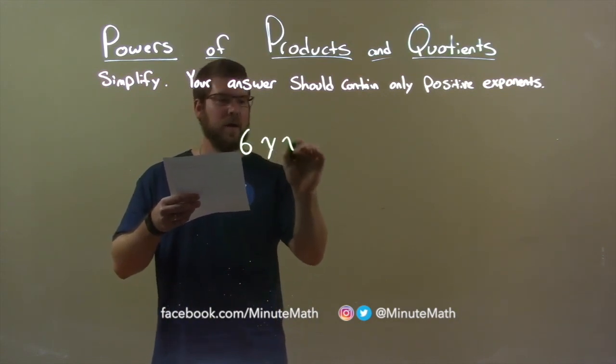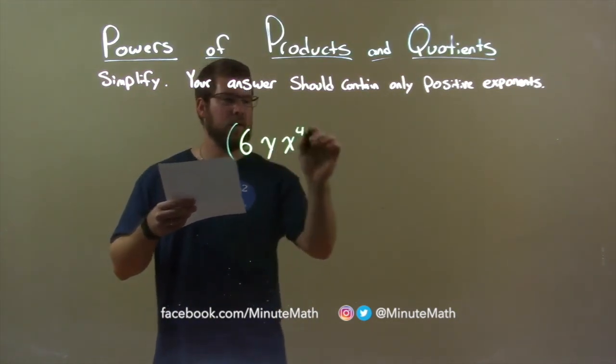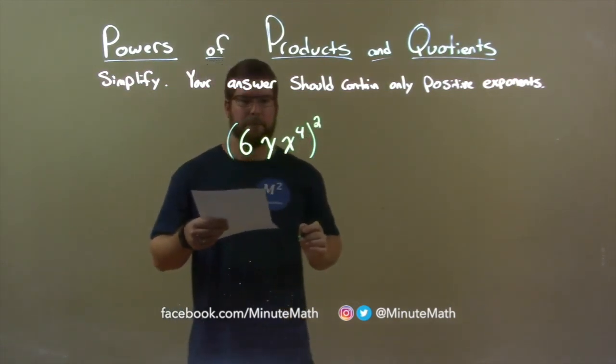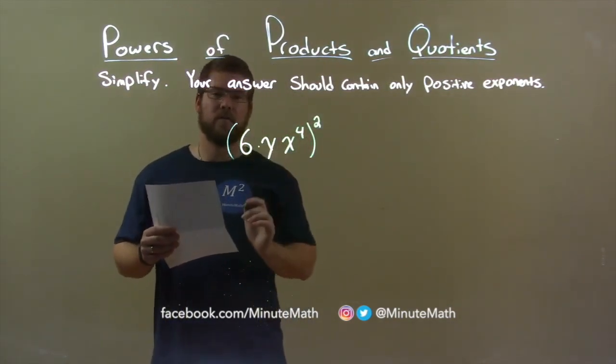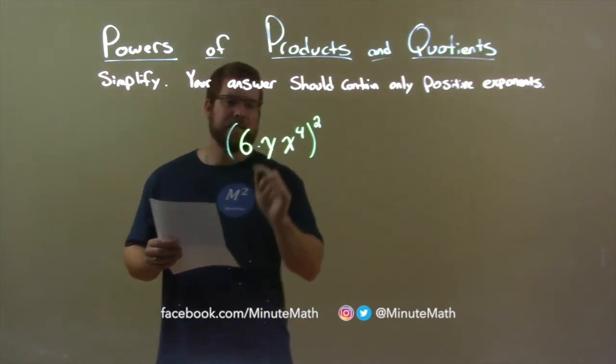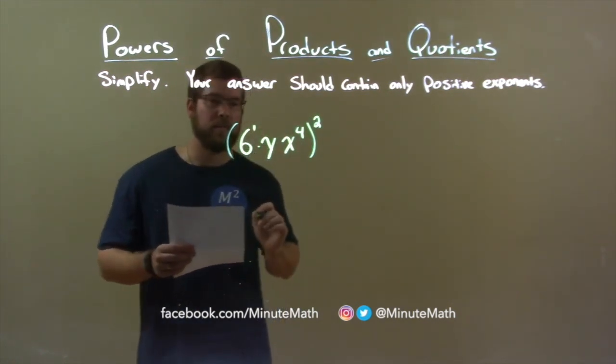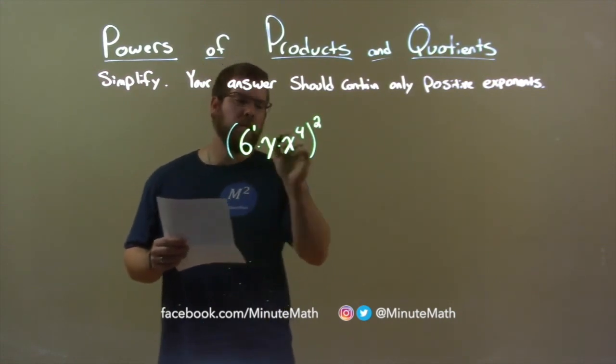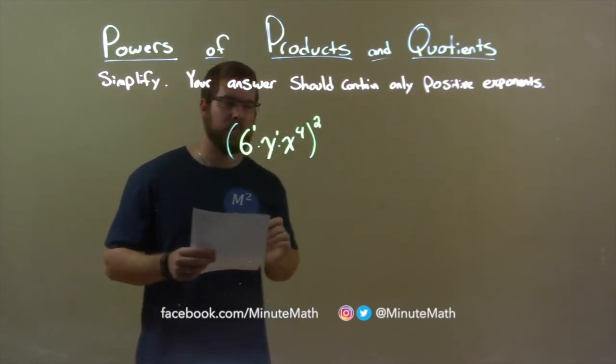6y x to the 4th power, and all of that is raised to the 2nd power. Alright, well, we know that 6 and y are separated by multiplication, and 6 is really raised to the 1st power. Y and x to the 4th are also separated by multiplication, and y is also raised to the 1st power.